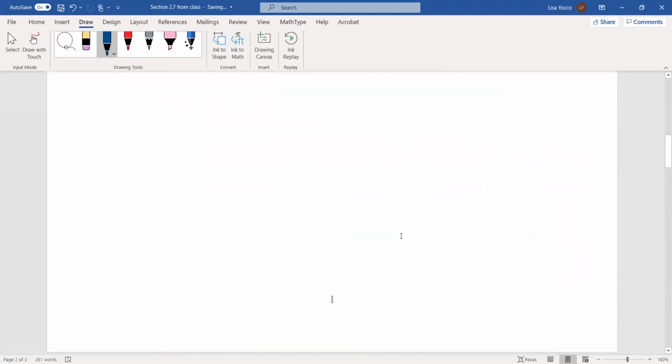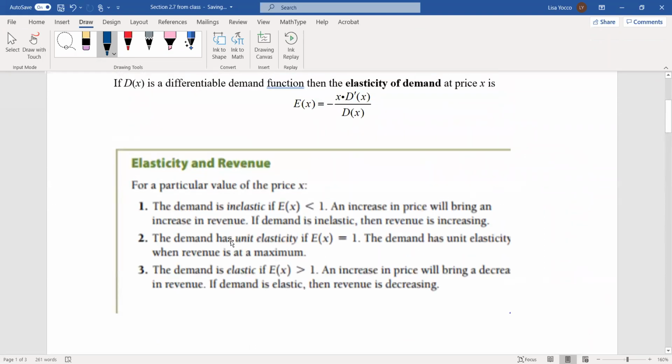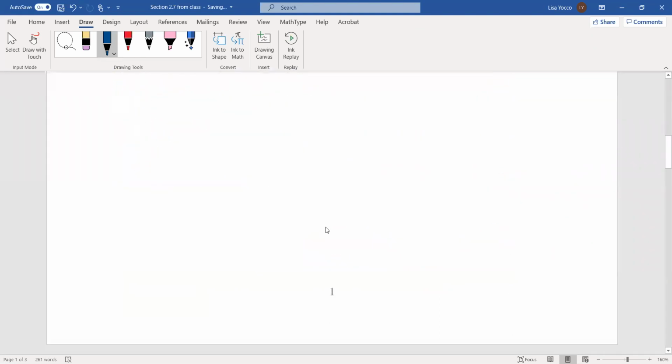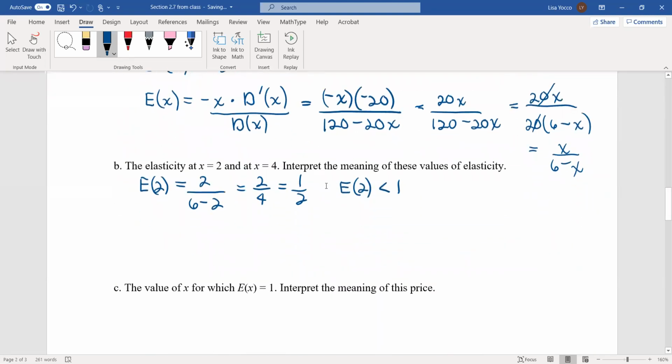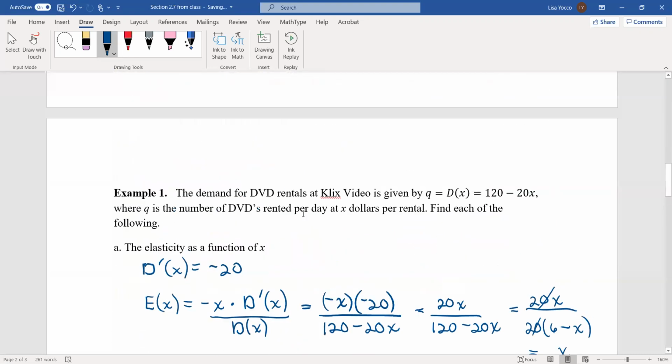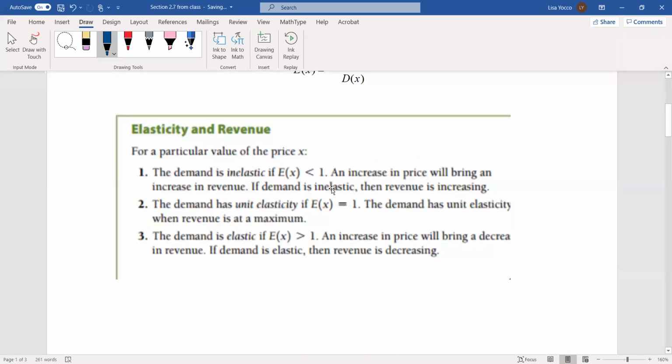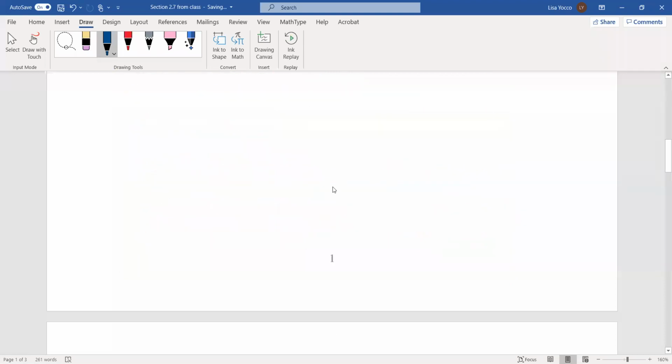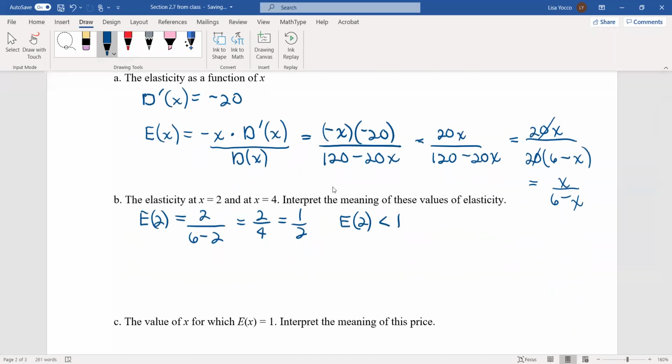So go back up to how we interpret this. We have the first case here. The demand is inelastic, meaning that an increase in price will bring an increase in revenue. Okay, so interpret the meaning. All right, so I would just say something like demand is inelastic.